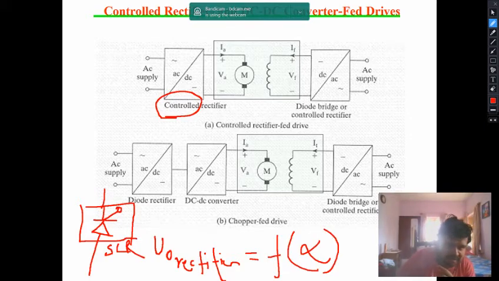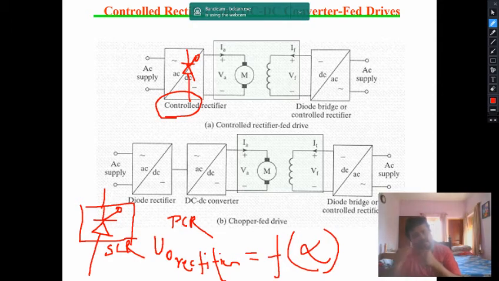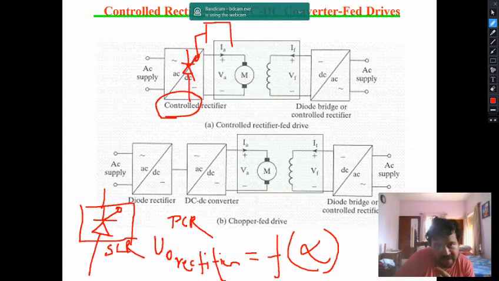So your rectifier should be an SCR based rectifier, called a phase controlled rectifier, PCR. By providing proper gate pulses to the gate terminal, you will be able to control this alpha, the firing angle.